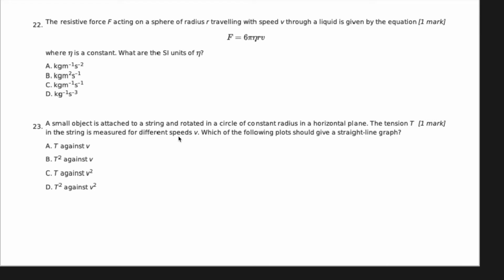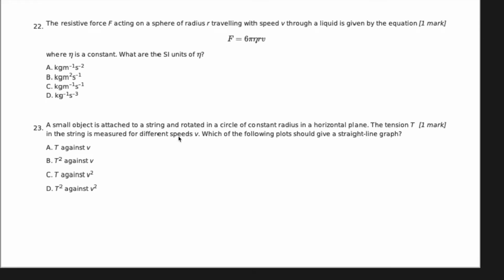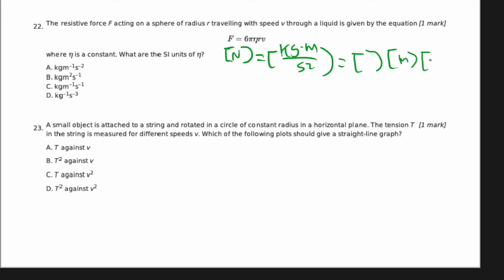The resistive force F acting on a sphere of radius r traveling with speed v through a liquid is given by the equation, where viscosity is a constant. What is the SI unit of viscosity? So we know force has a unit of Newton, which is equal to kilogram times meter over second squared, and this is equal to the SI unit of viscosity times radius, so meter, times the SI unit of velocity, so meter over second.